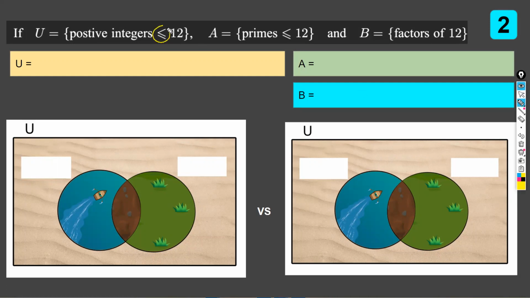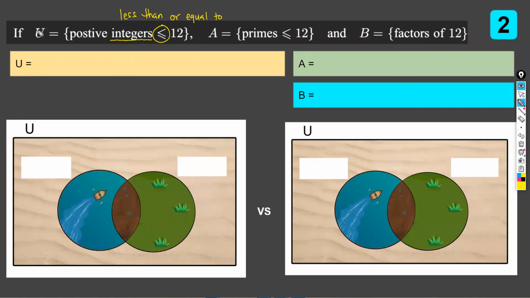This symbol means what? Less than or equal to. And an integer is a whole number, right? So decimals and fractions are not what? Whole numbers. A whole number is like 2, 3, 4, 5, something like that.